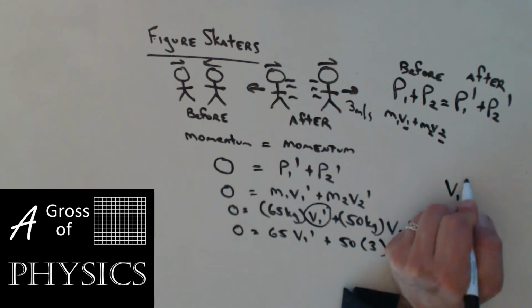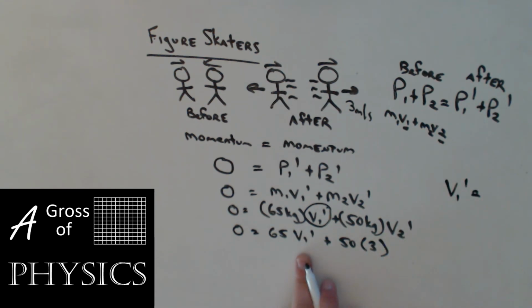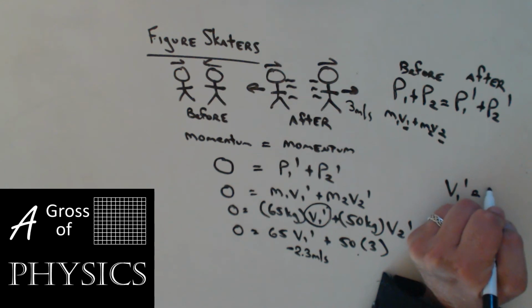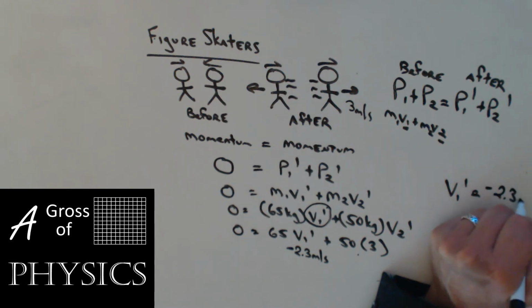I'm going to subtract the 150 over and divide by 65. So 150 divided by 65 means the male skater will have a value of 2.3 meters per second. And since this was positive and I brought it over to the other side, it becomes a negative value. So the answer is negative 2.3 meters per second.